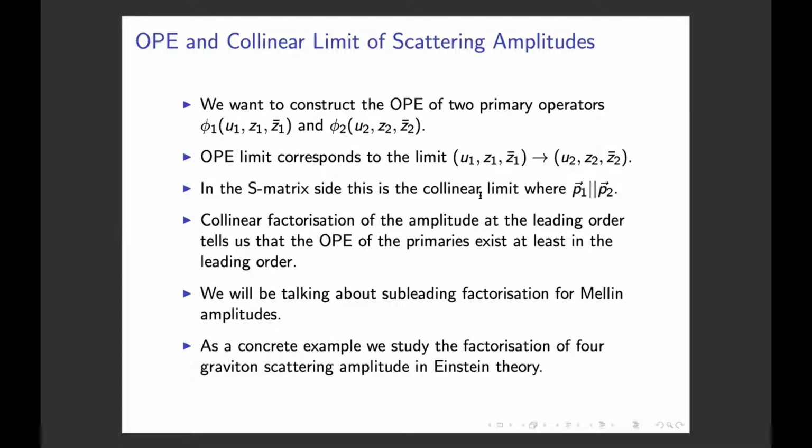So all the singularities in the OPE are there in the z z bar. Now in the amplitude side, this is the collinear limit where p1 vector and p2 vector point in the same direction.